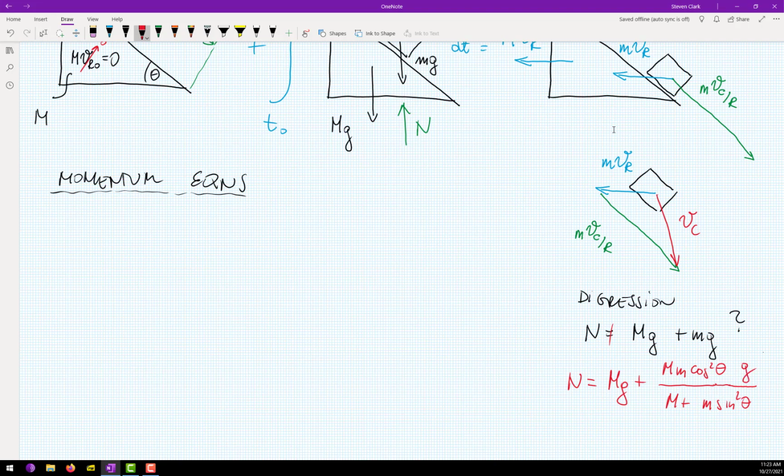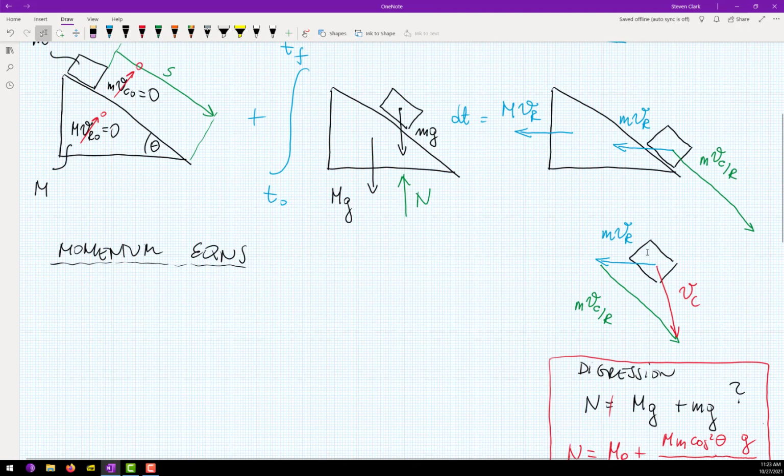So N is actually equal to that expression. And if you use the skills you learned in the kinetics chapter, you should be able to obtain that. Just a digression. Okay, let's go back to our equation.